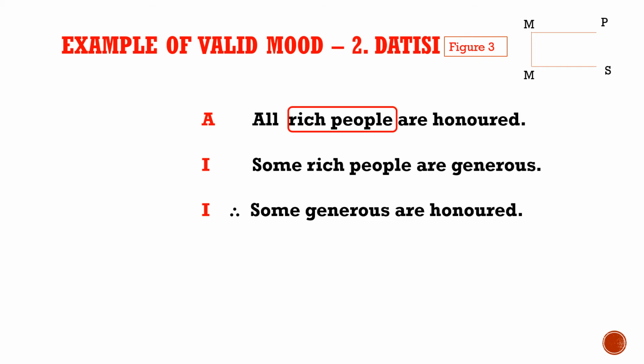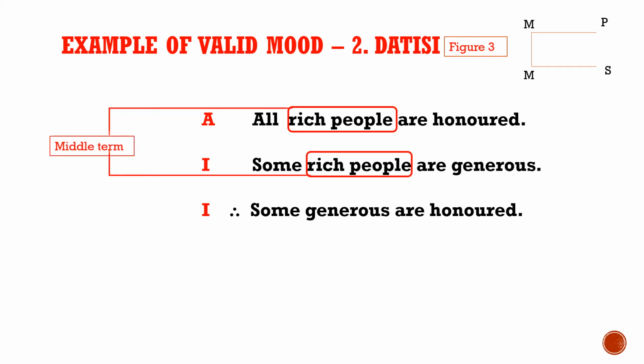Here, rich people is the middle term, generous is the subject term and honored is the predicate term. This is a valid mood and it is called Datisi, AII combination, because it does not violate any rules of syllogism.